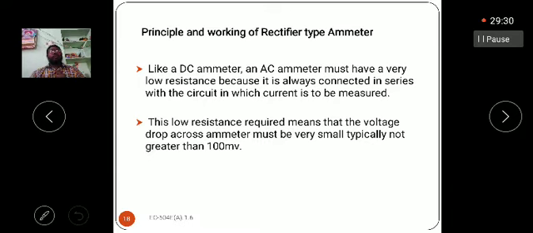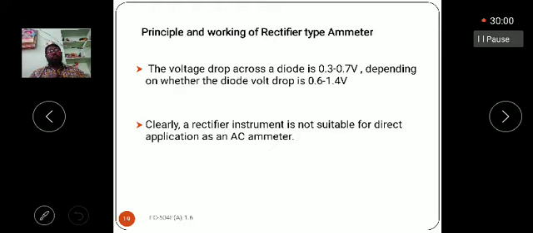millivolts. Here we have to observe two points. Whenever the AC ammeter is connected in series with the circuit where we have to measure the current, we need low resistance, and the voltage drop across the ammeter must be very small, approximately 100 millivolts.